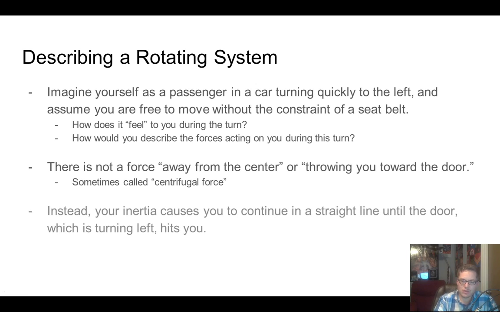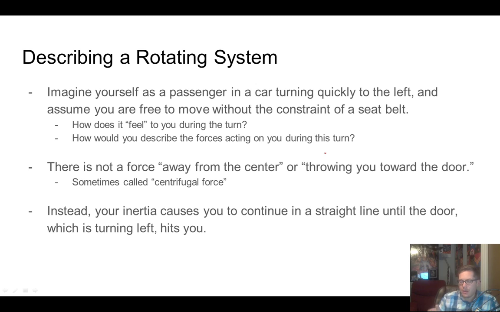What's really causing it is that you, as a moving thing with mass, have inertia. Remember, your inertia causes you to move in a straight line or a given path until something stops you. So you're going tangentially, and as the car starts turning to the left, you want to continue in a straight line, tangent to the circle.